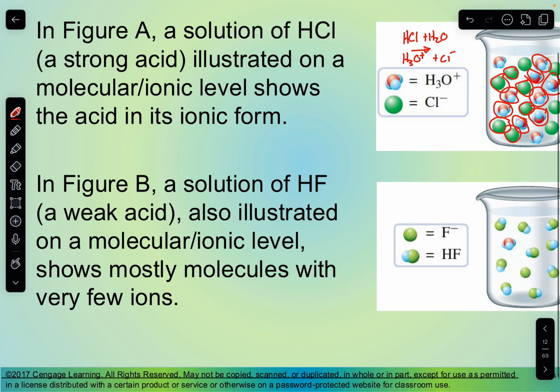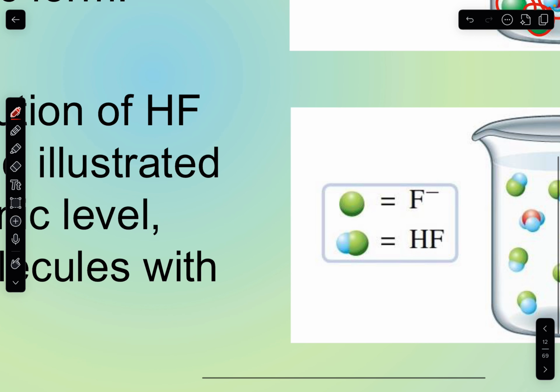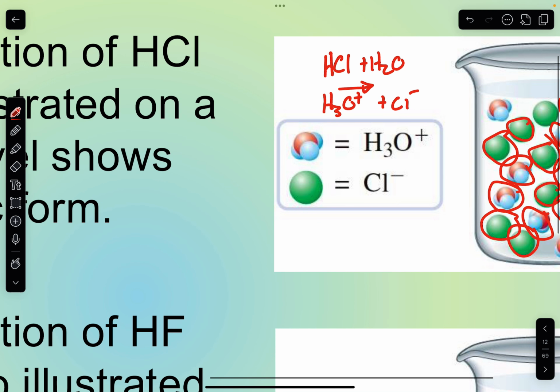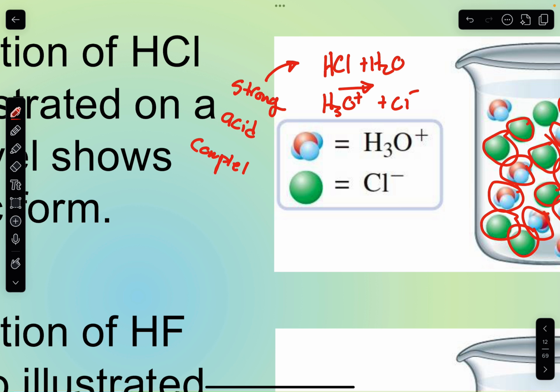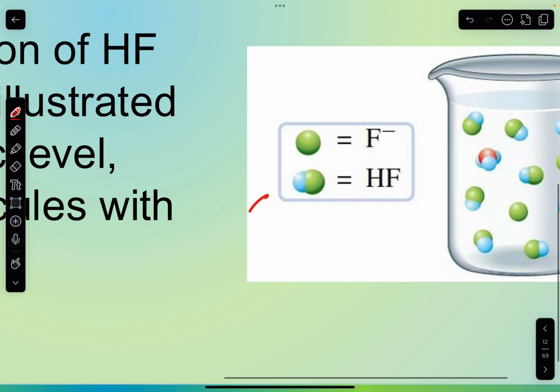But with HF, it's a little bit different. So HCl is a strong acid. That means that it completely dissociates. HF is a weak acid.